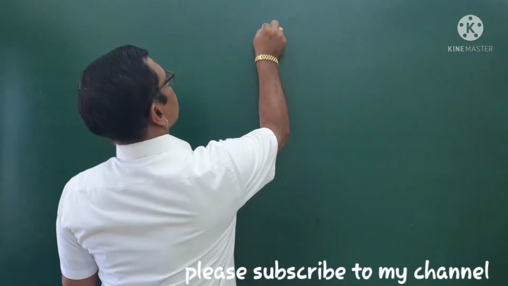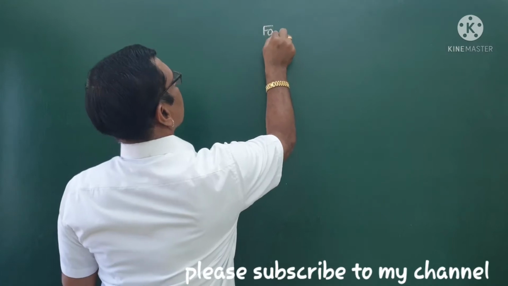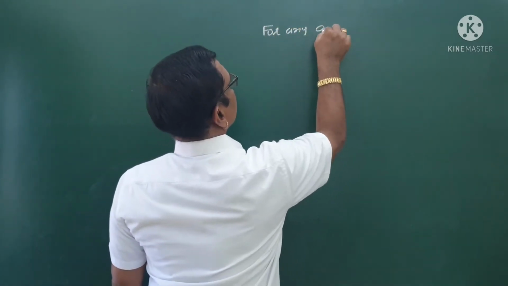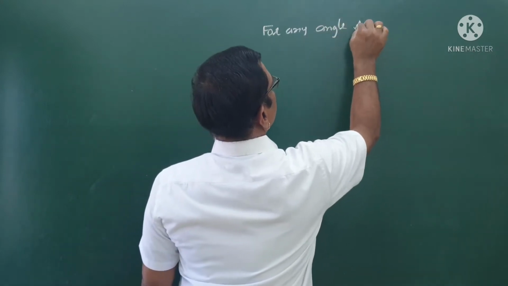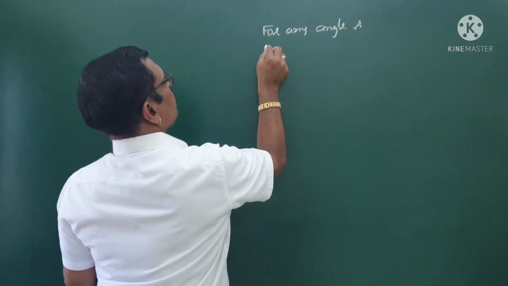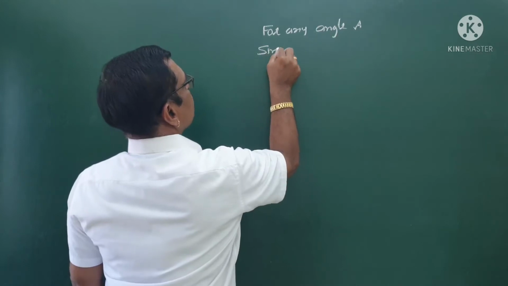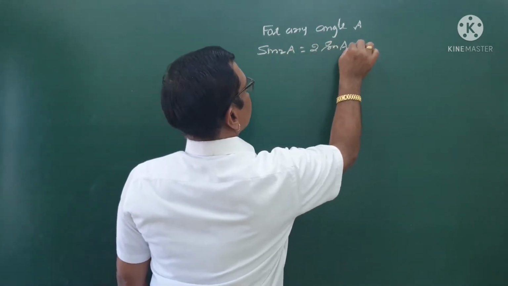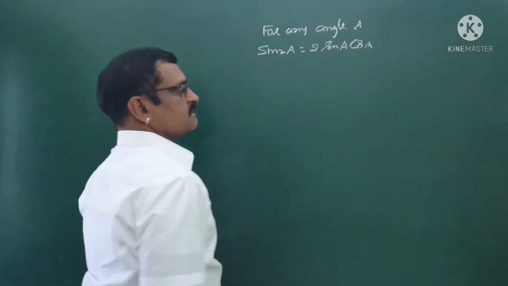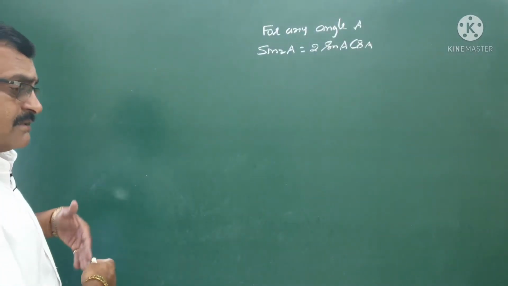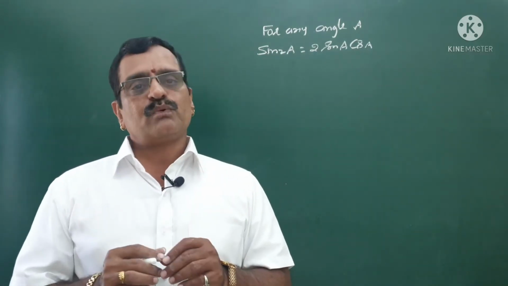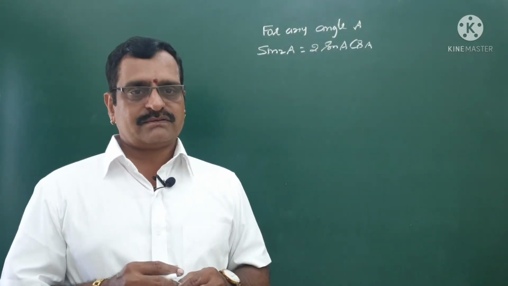For any angle A, sin 2A, that means sin of 2 times A, is equal to 2 sin A cos A. In the first 10 to 15 minutes, I am going to give you independent proofs for all these identities.